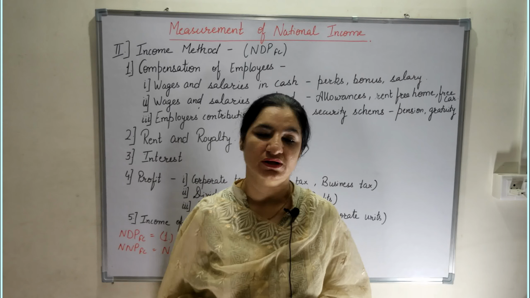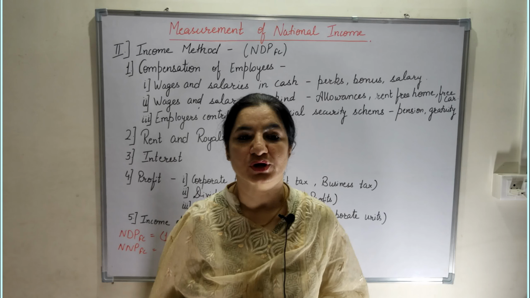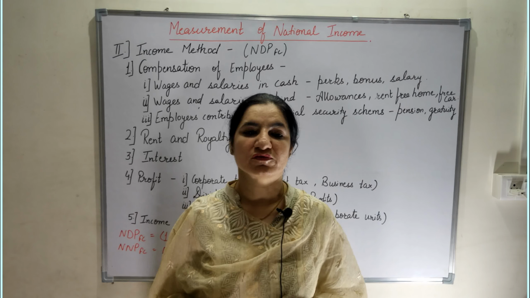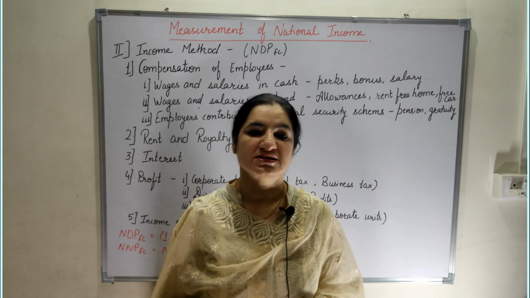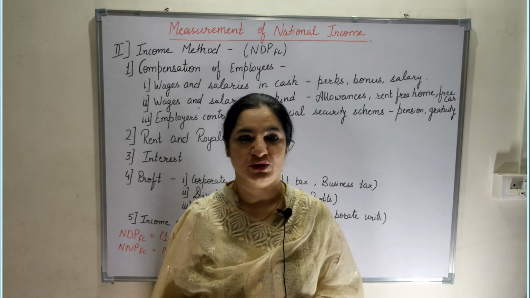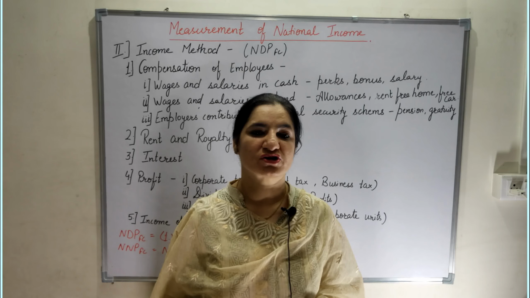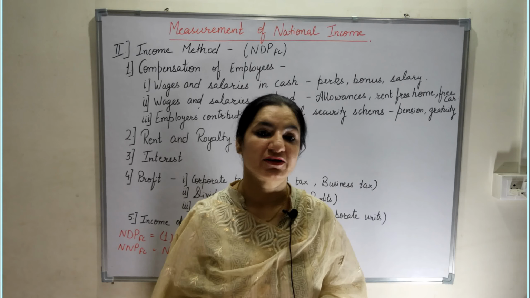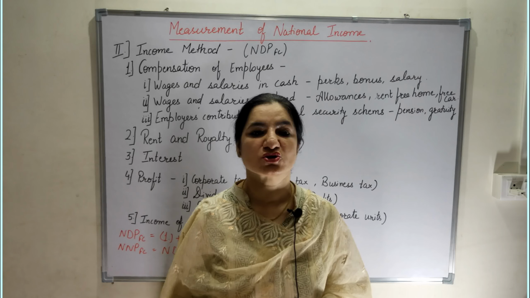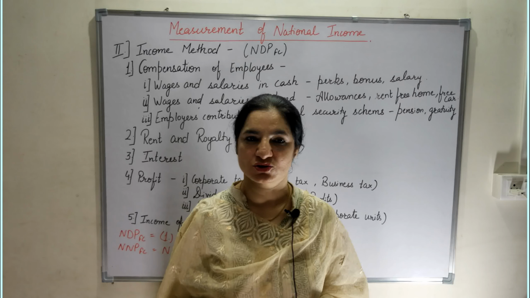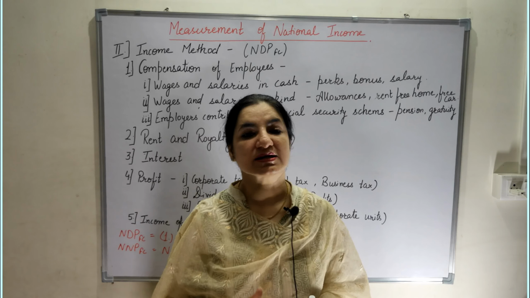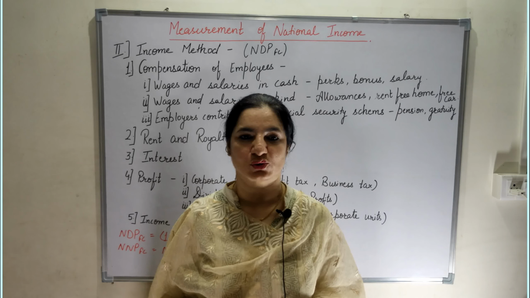Transfer incomes are incomes which are not productive or earned incomes, such as gifts and pensions, which are not to be included. Such transfer incomes, for which no effort has been made, are not called productive income and are not to be included. Second is the gains from second hand goods.